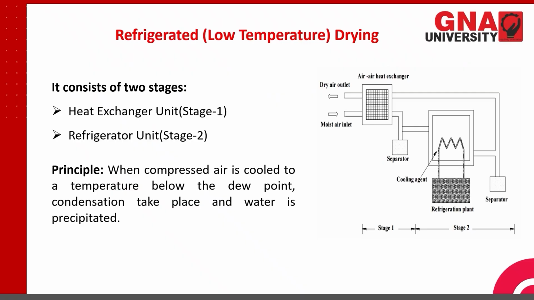So stage 1 serves two purposes. It cools down the air incoming to the air dryer, and it heats up the air that is moving out of the heat exchanger. So that is the functioning of this stage 1.